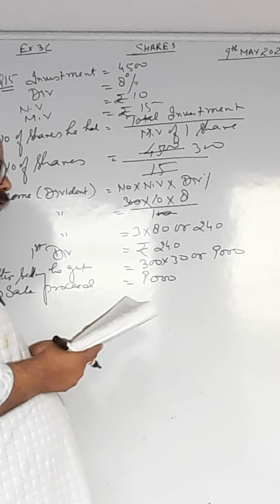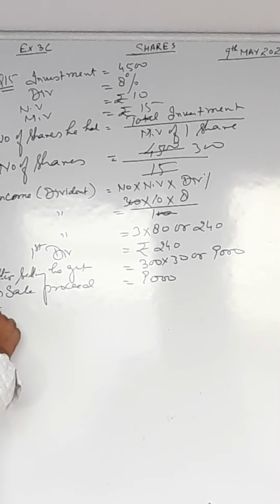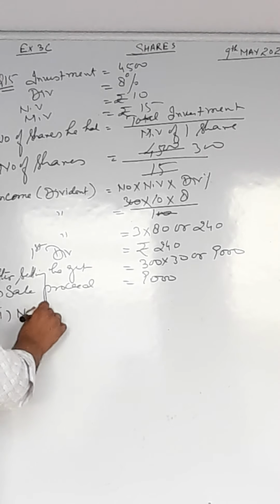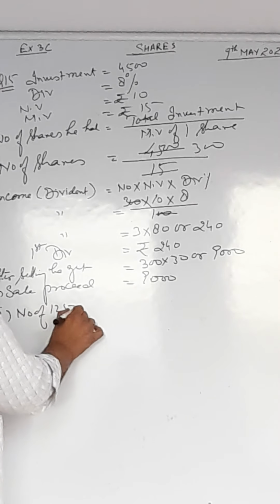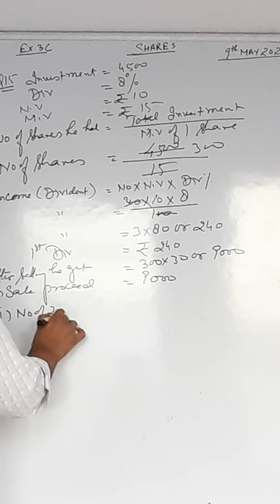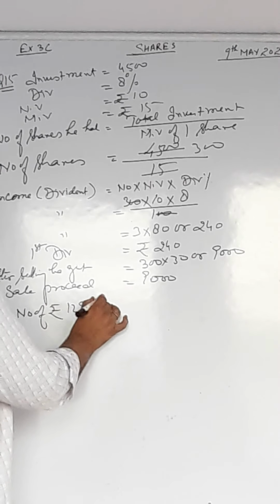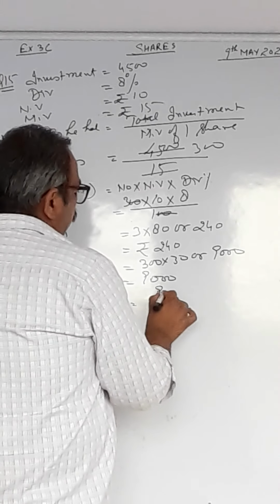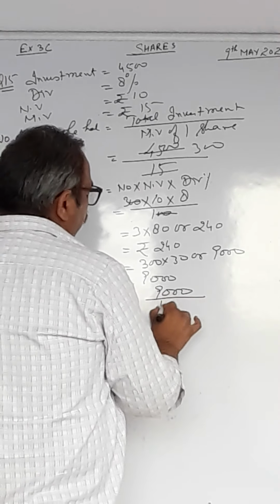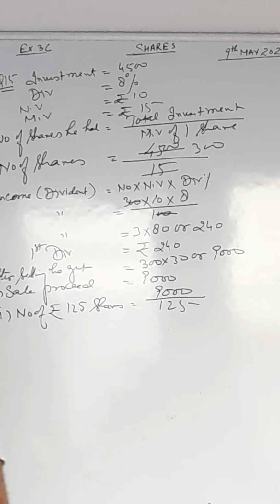Now second part, number of rupees 125 shares he buys. Number of rupees 125 shares is equal to 9,000 upon 125, 9,000 divided by 125.